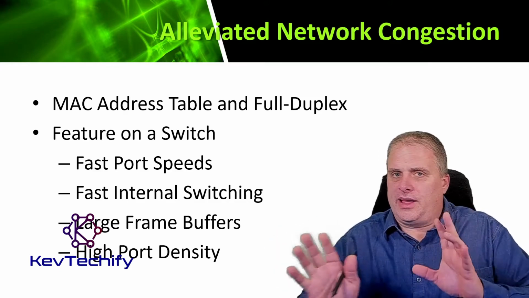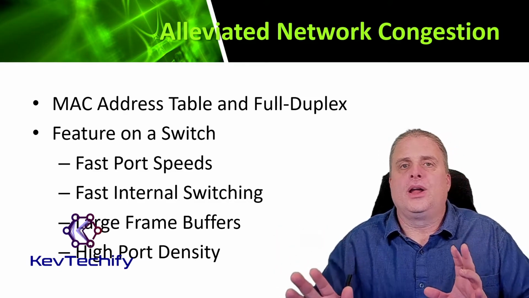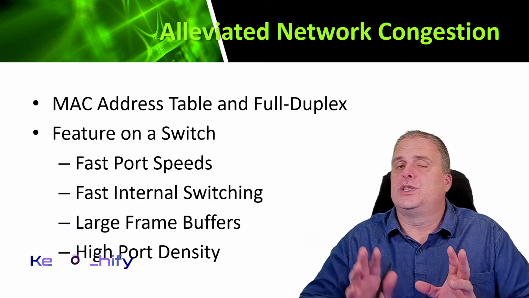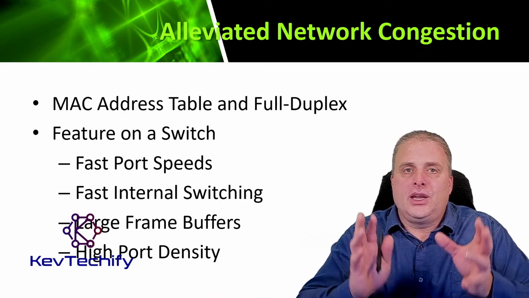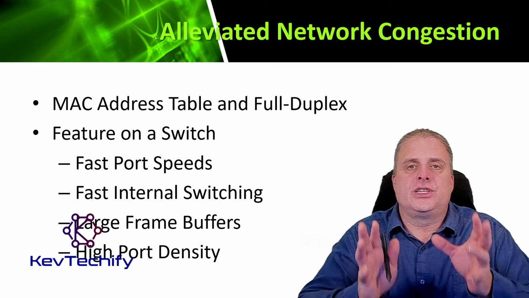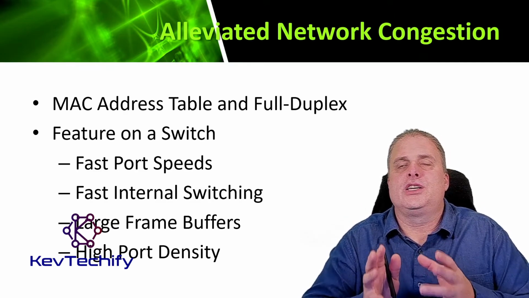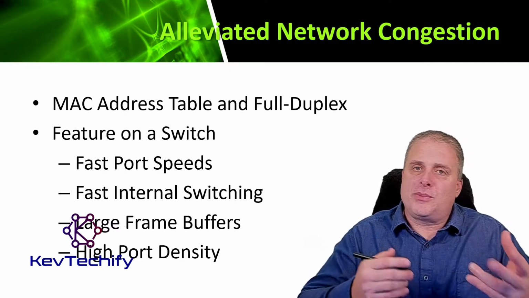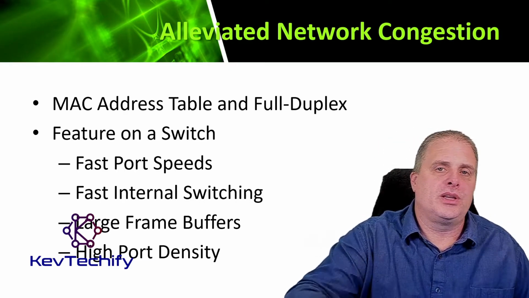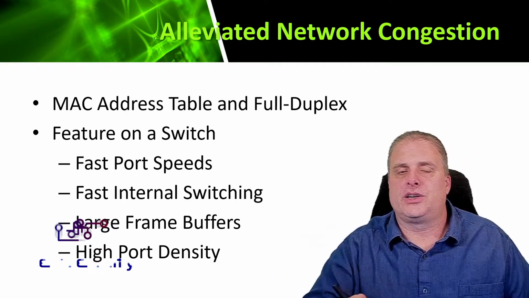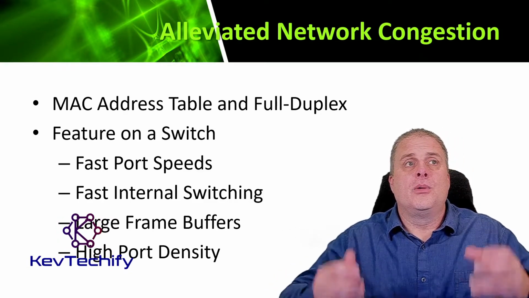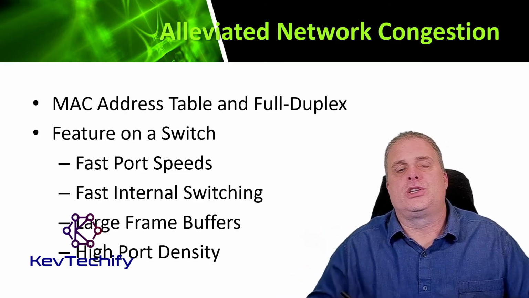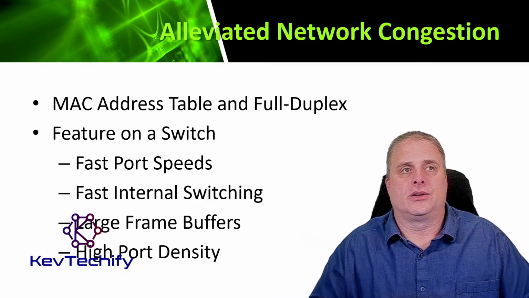That 100 gigabits per port is on really expensive switches typically used in data centers. But if you're a big enough company and you have big enough servers and you require it, you can get up to 100 gigs per port. To the desktop in today's world, we typically see gigabit to the desktop. We're now starting to see 10 gig to the desktop coming out for bigger applications. But we use these fast port speeds to help alleviate congestion.